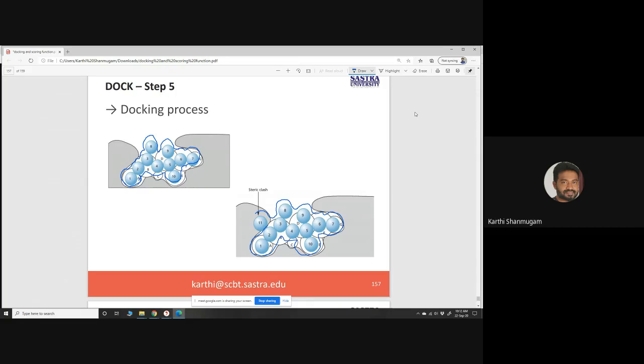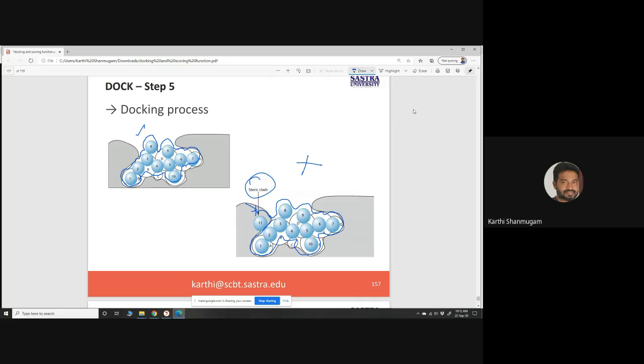Because this is the area till the binding site is present, but one of the pseudo atoms is present outside the binding site. So we can say that there is a kind of steric clash here. So the algorithm will recognize that this is not the correct fit for this ligand molecule, and this is the correct fit. Are you able to understand? Yes, sir.